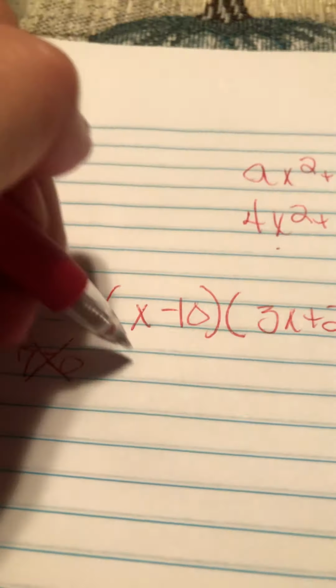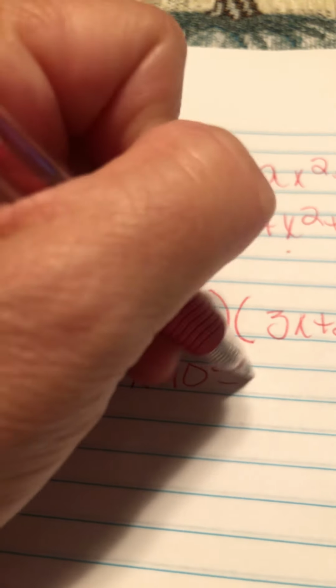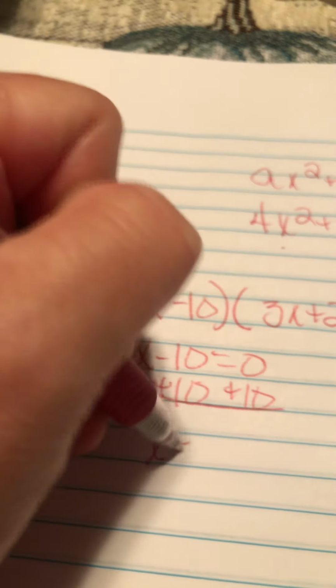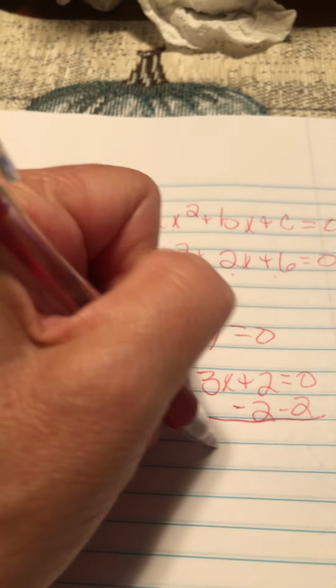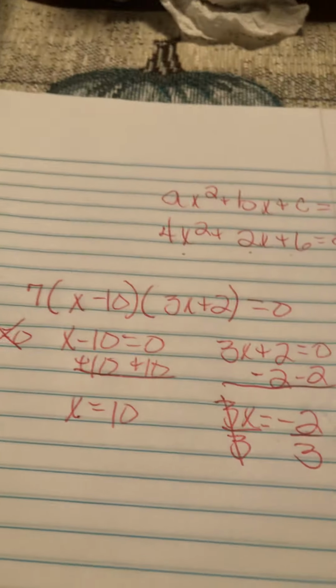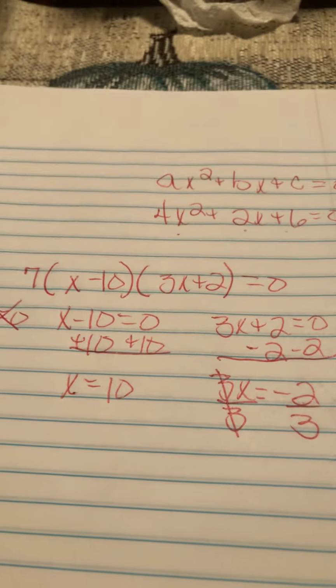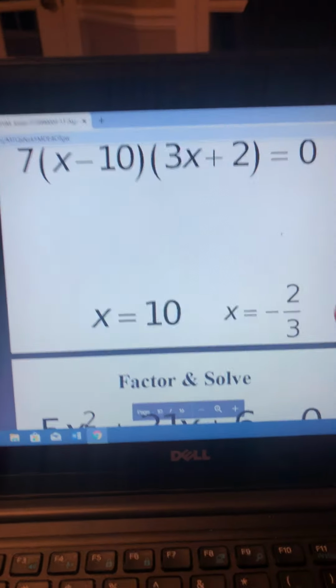Remember I said 7 equals 0 is not a true statement, so then here we would add 10 to both sides. And then we have 3x plus 2 equals 0, so we would subtract the 2 from both sides. We have 3x equals -2, and then divide everything by 3. And so x equals 10, and x equals -2/3. So that would be our solution for that one, and there you go.